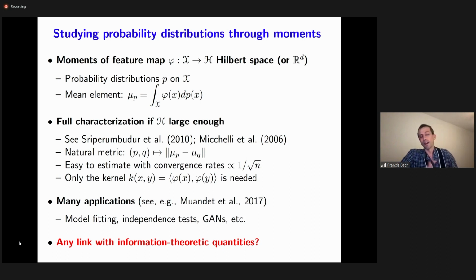So you compare moments. If you put in x squared and x cubed, sure, it does characterize the distributions, but what does it mean? What does it mean to have a value of 0.1 for that distance? So the goal of today is to try to extend that type of framework, based on moments, and have explicit links with information theory.